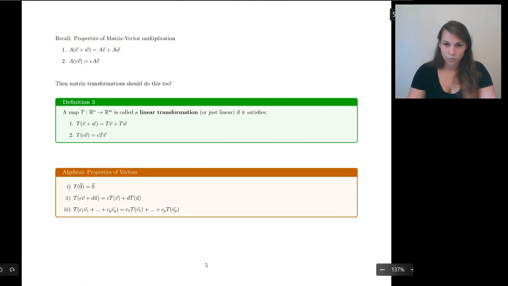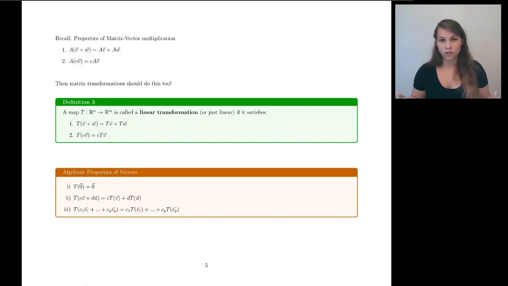So now I want you to recall some properties of matrix vector multiplication. Remember, we had this first rule where you can distribute. You can distribute a matrix over two vectors, and then you can also pull a constant times a vector. You can pull that constant out to the front.